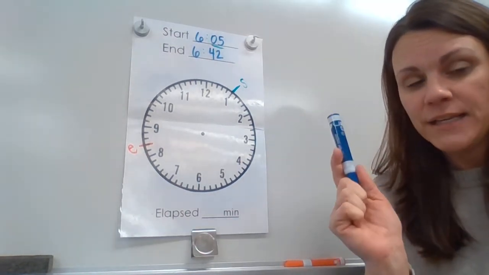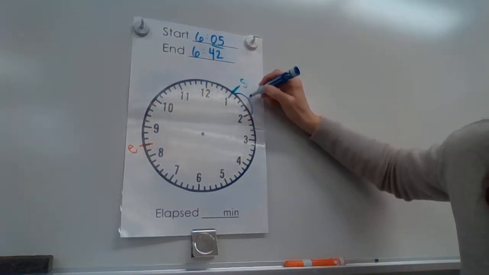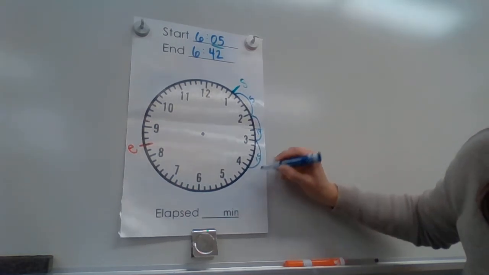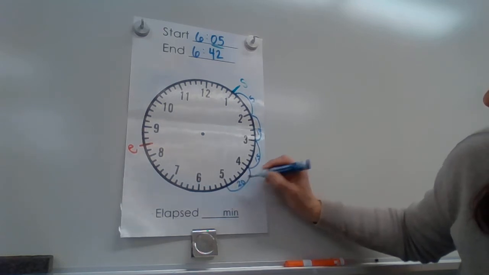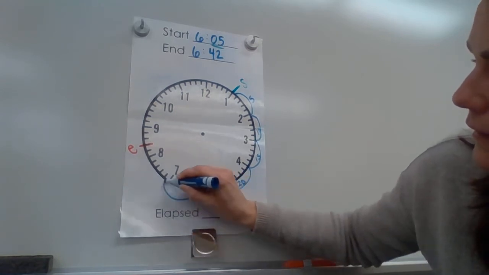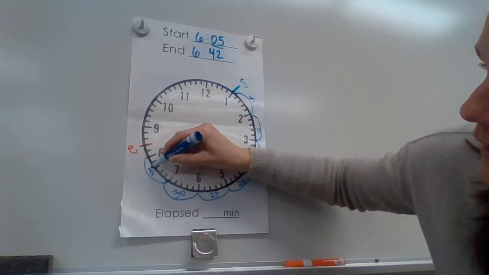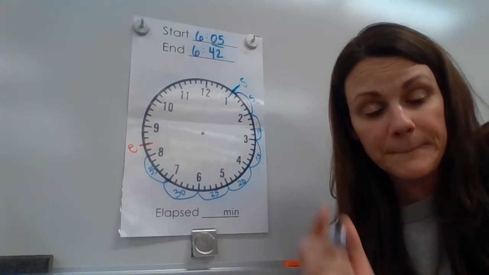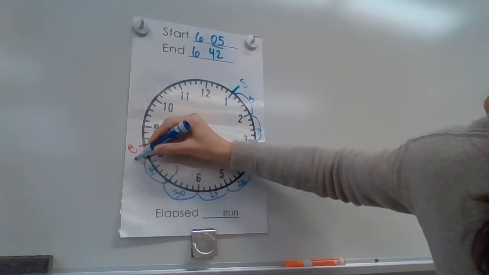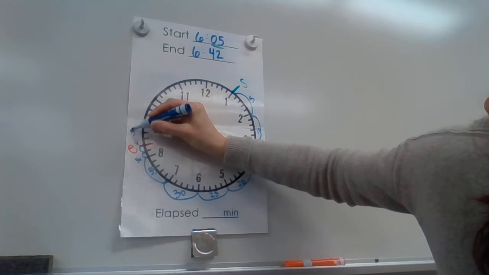Because my start time is on a big number, I can skip count by 5s. So I can go 5, 10, 15, 20, so far so good, 25, 30, 35, uh-oh, I can't go another big jump, so I'm going to have to go those little tiptoes, 36, 37, so it's hard to write it all in.